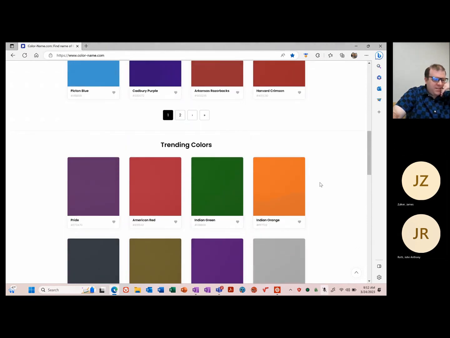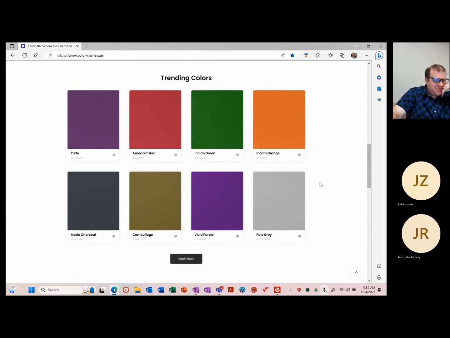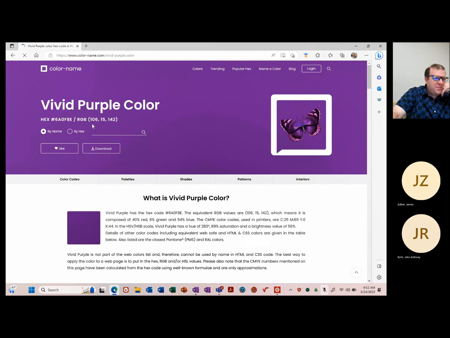Let's look at the trending colors. Vivid purple. Oh, it's a butterfly, even better.